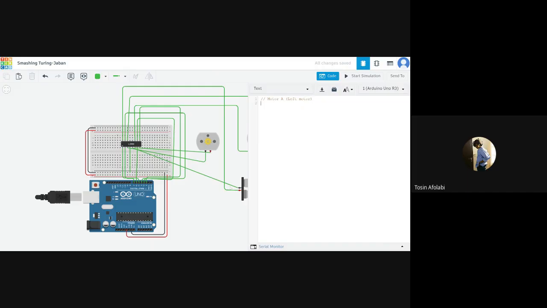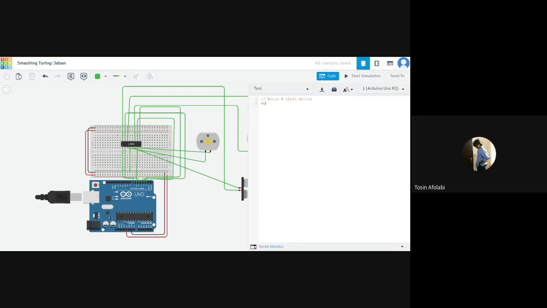So what I want to do now is create constants that will determine what pins our motor driver is connected to. For motor A, we declare a constant. For those that have been attending class, I've said a constant is a variable that won't change throughout the entire code.